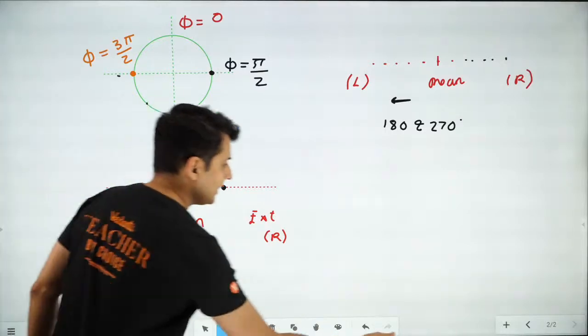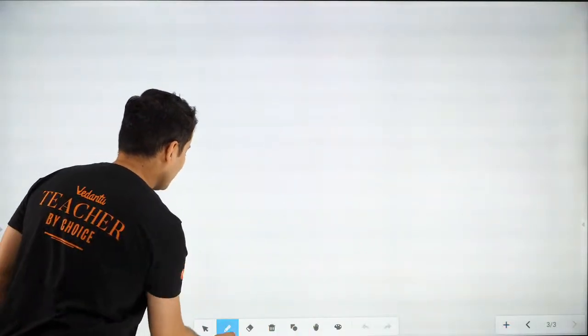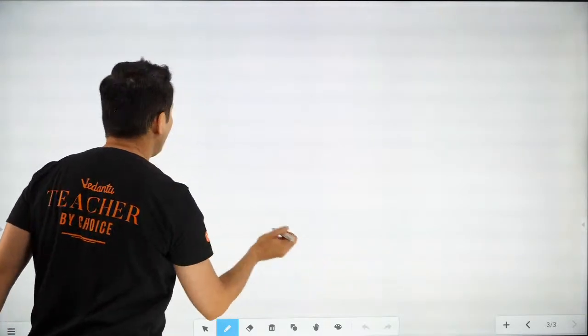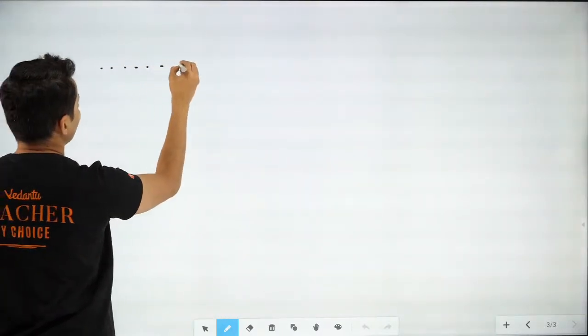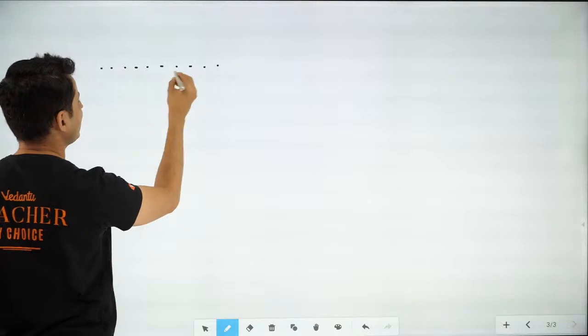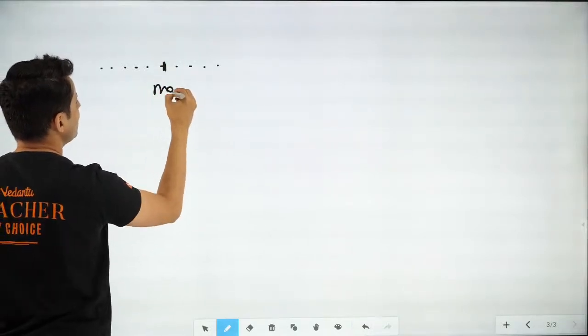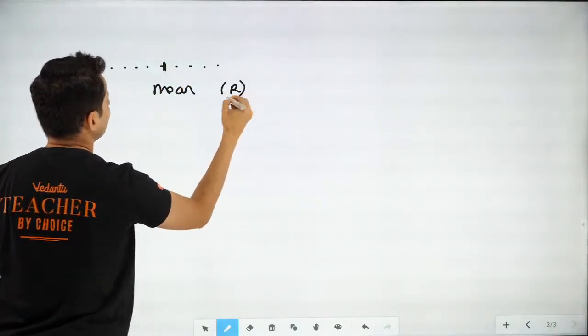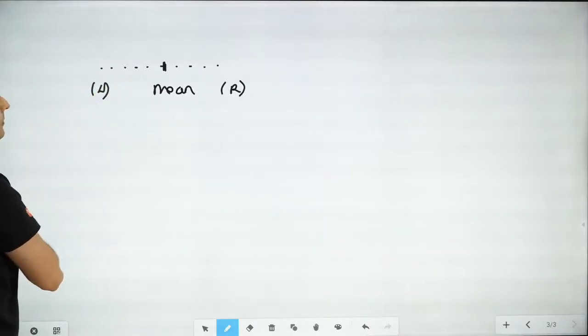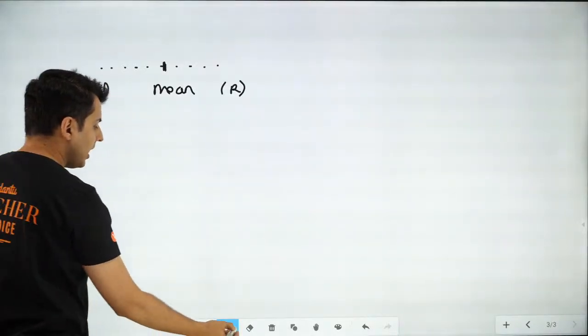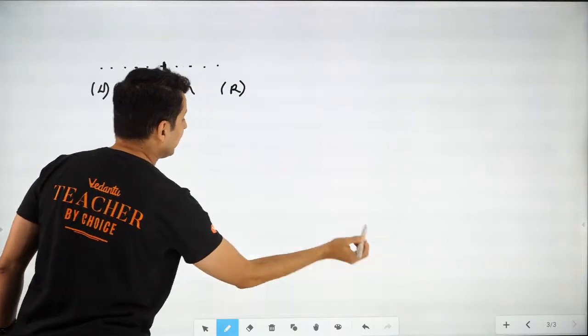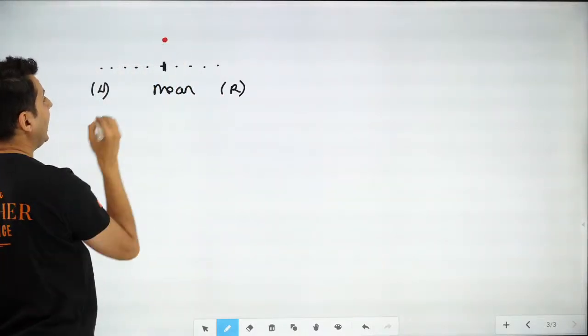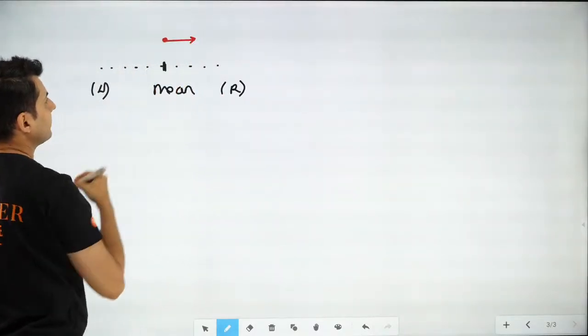Now, let's take another question. Imagine this is a particle performing SHM, this is the mean position, this is the right side, this is the left extreme, and there is one particle which is at the mean and it is going here.